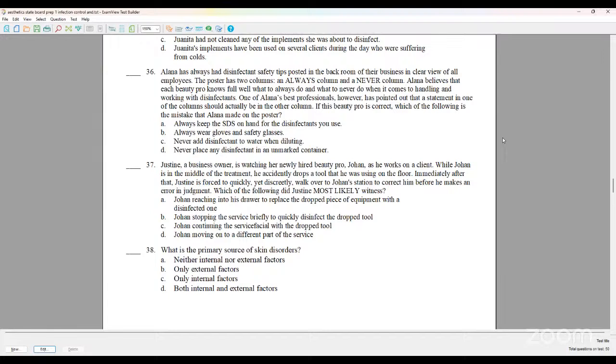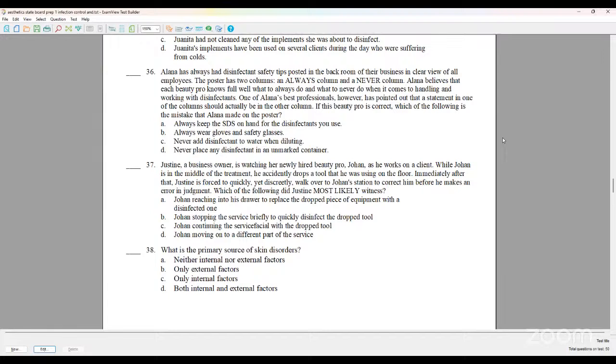He dropped something and he was about to pick it up. So she stopped him from doing what? Continuing the service facial with the dropped tool. So he probably was going to pick it up and then go back to work. All right. 37 is C.